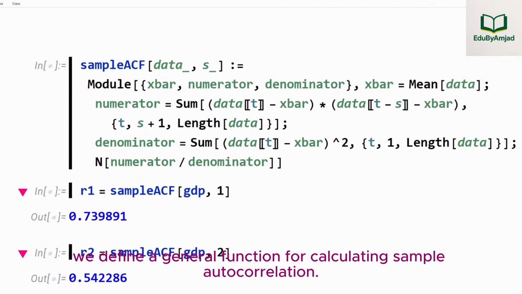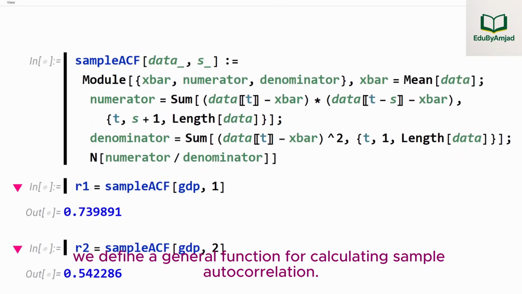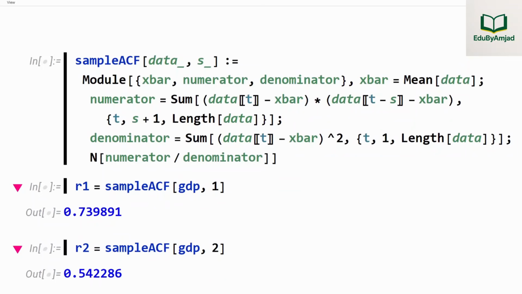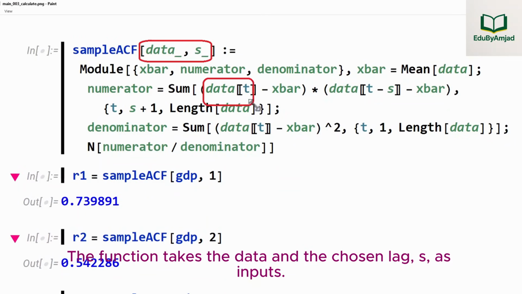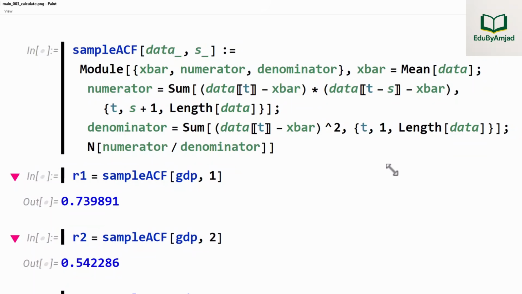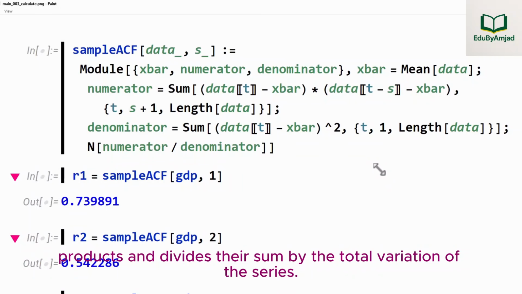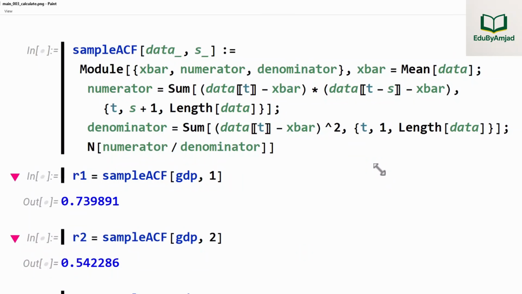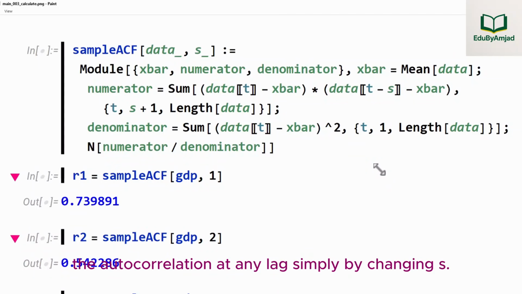Here, we define a general function for calculating sample autocorrelation. The function takes the data and the chosen lag s as inputs. It first calculates the sample mean, then forms the lag deviation products and divides their sum by the total variation of the series. This allows us to calculate the autocorrelation at any lag simply by changing s.